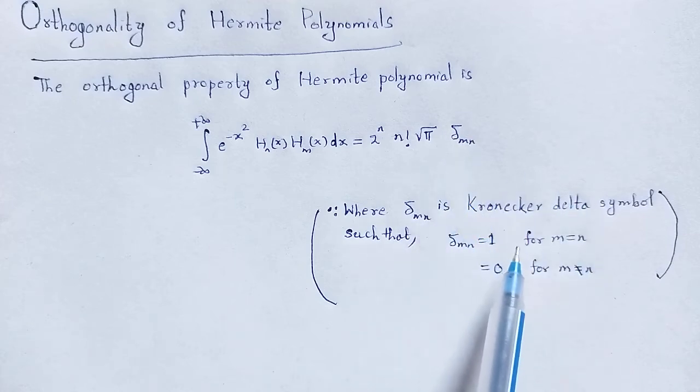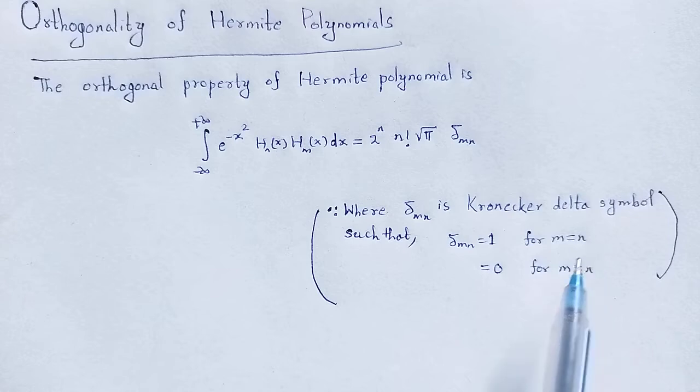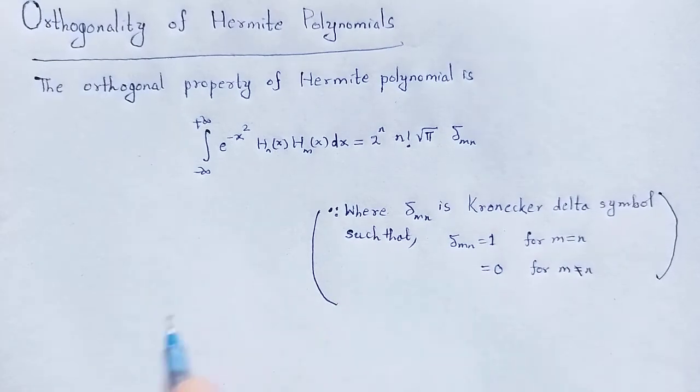The value will be 1 for the condition m is equal to n, and delta mn is equal to 0 for the condition m is not equal to n. Now we have to prove the orthogonality of Hermite polynomials. How to prove?